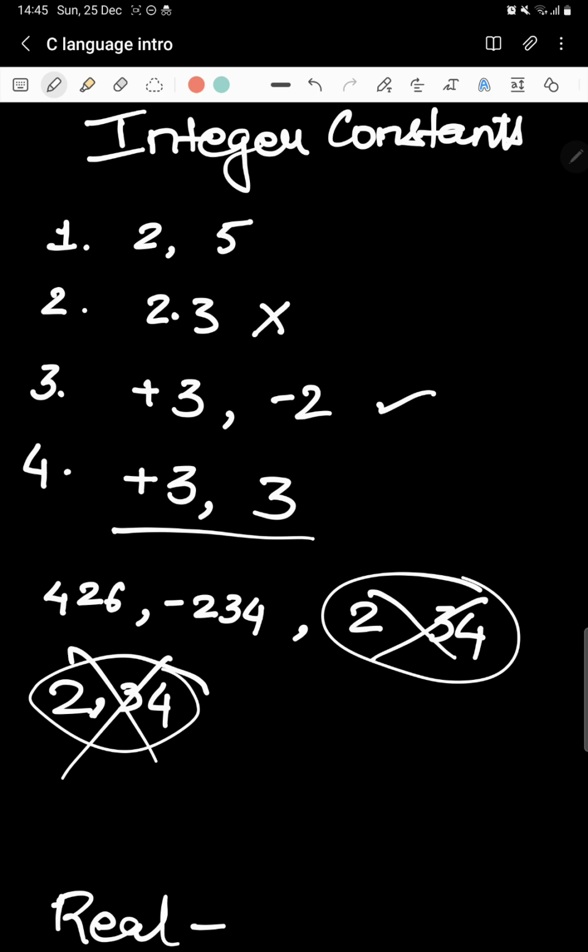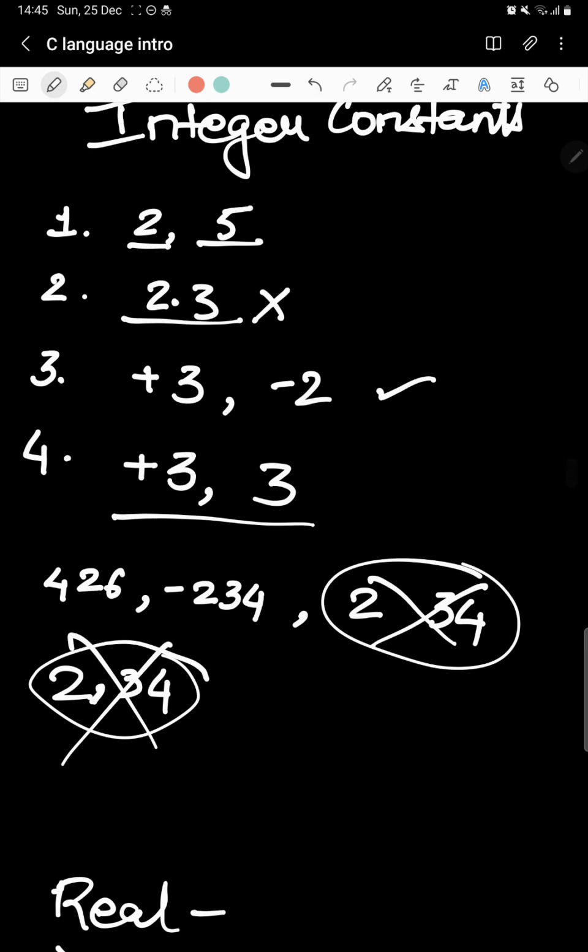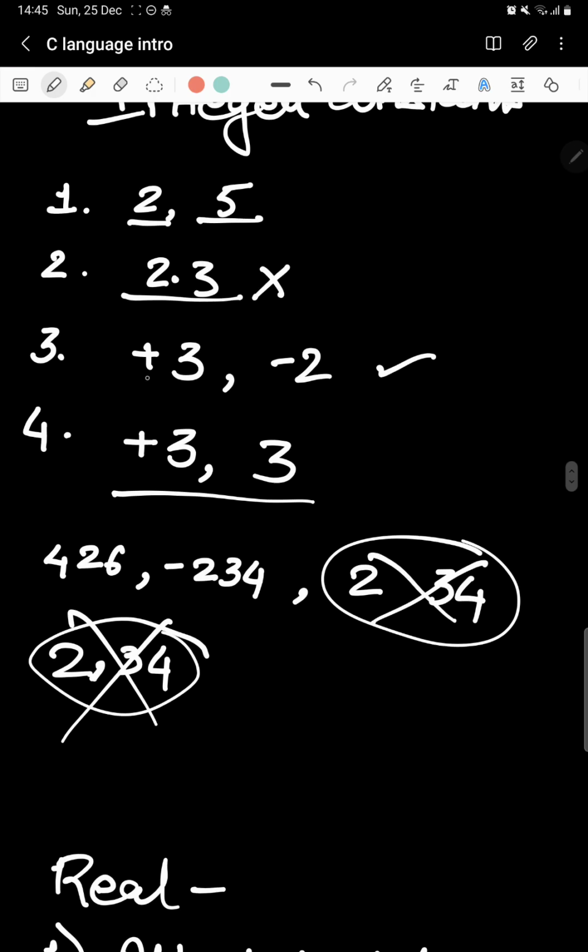integer constants should not have any decimal points. So as you can see here, 2 and 5 are integer constants, but 2.3 is definitely not an integer constant because it has a decimal point. Now integer constants can have any sign, which is they can be either positive or negative.